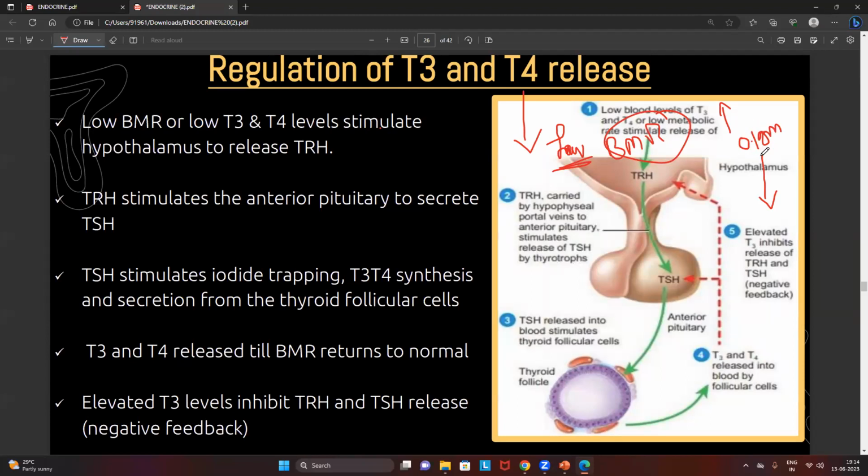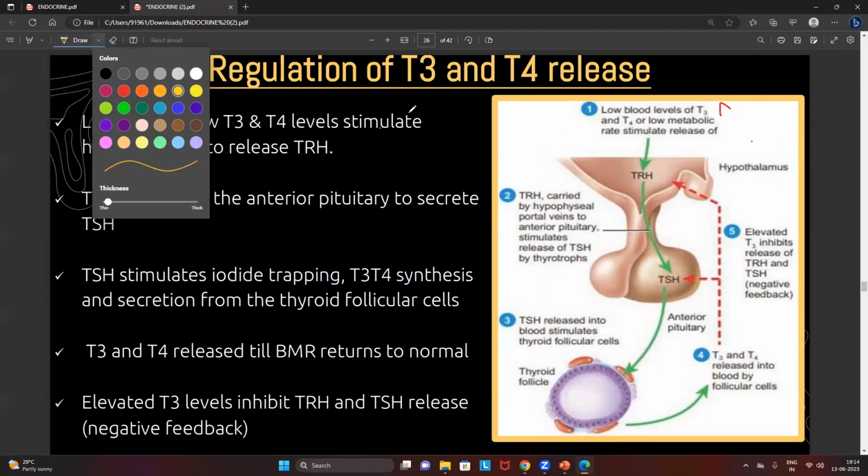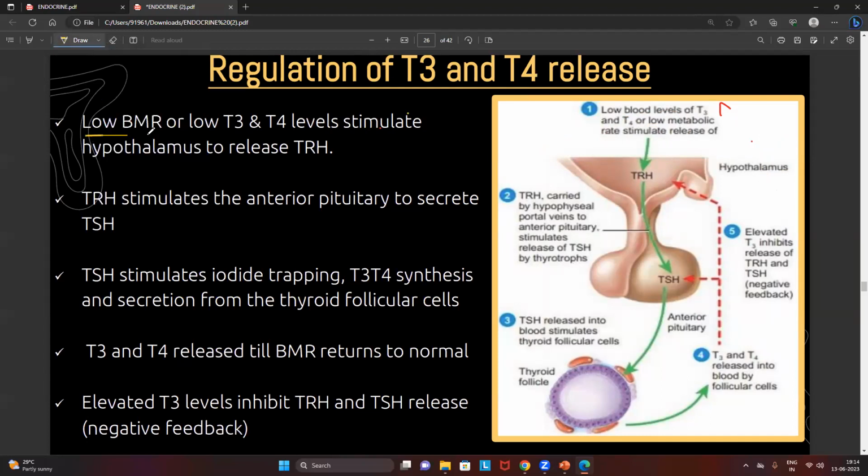If the T3 and T4 levels are below normal, we have to elevate the levels of T3 and T4. So the point is very clear. There are two major conditions when T3 and T4 are released. One condition is low BMR. Another condition is a low level of T3 and T4 compared to their normal level.